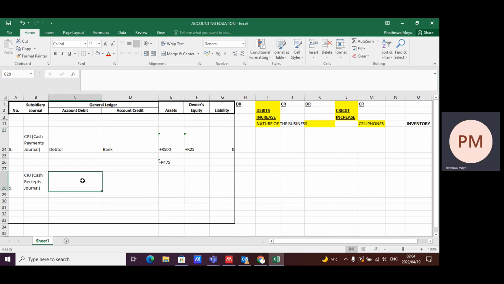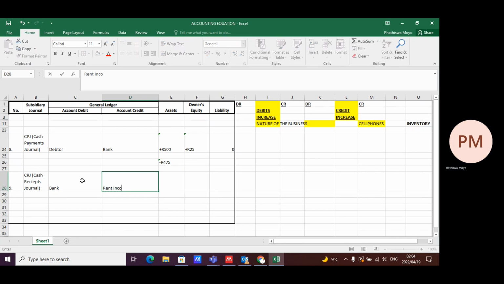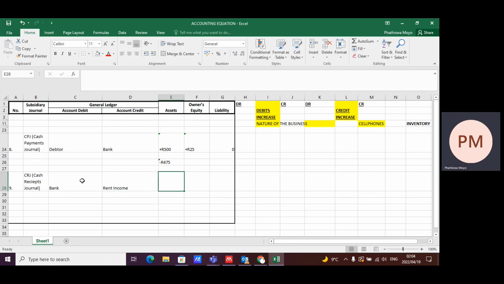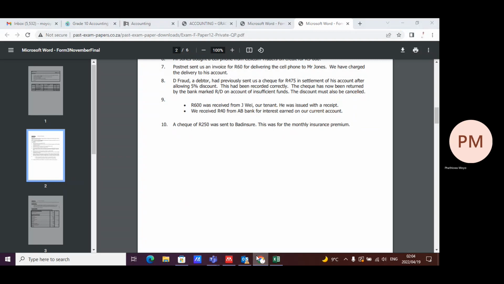So the accounts that are increasing are bank and rent income, 600.